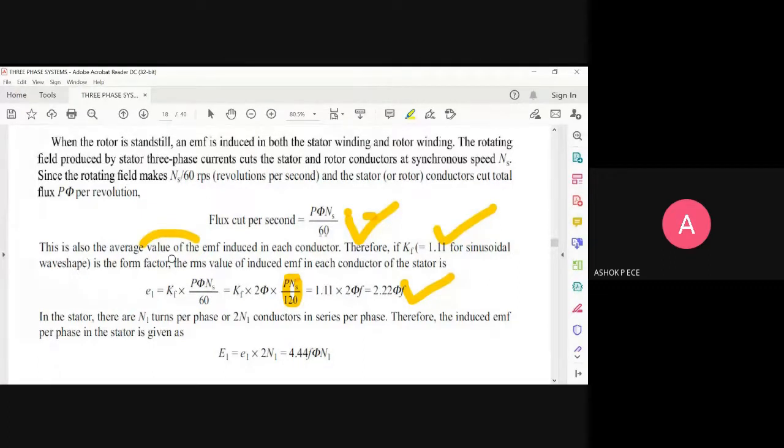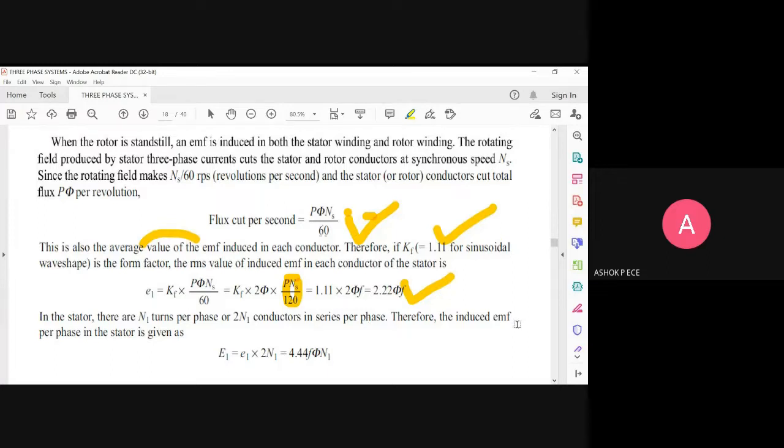So the RMS value of EMF induced in the stator is given by 2.22 φ f. And we know that in a stator we have N1 turns per phase, or 2N1 conductors in series per phase. So for one phase, you have two conductors, both in series. For one conductor it is N1, so N1 plus N1 is going to be 2N1 turns in series per phase.